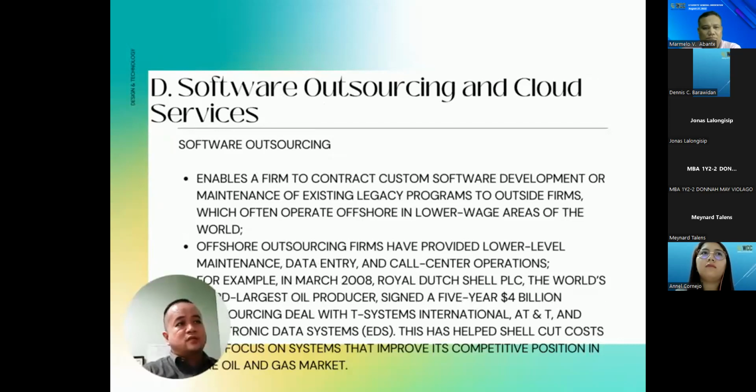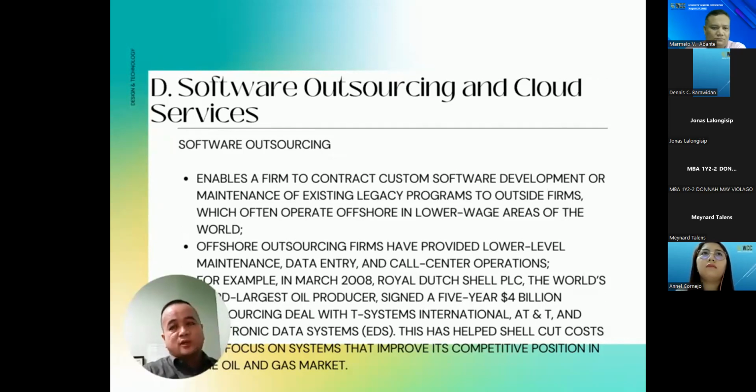Software outsourcing enables a firm to contract custom software development or maintenance of existing legacy programs to outside firms, which often operate offshore in lower wage areas of the world. Offshore outsourcing firms have provided lower level maintenance, data entry, and call center operations.